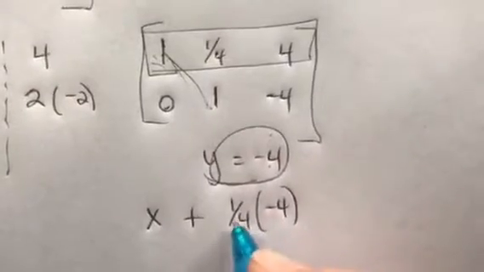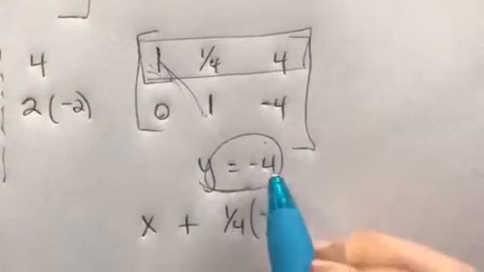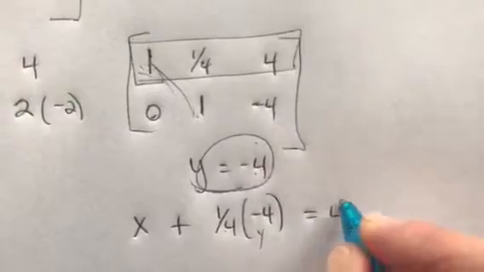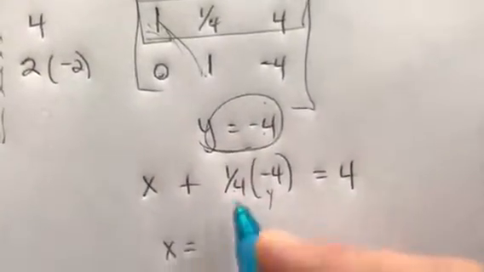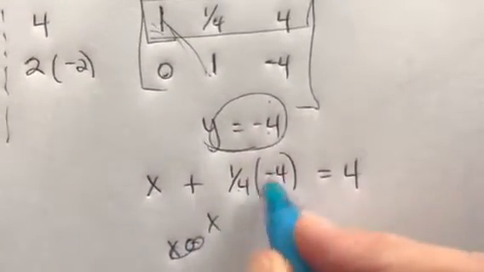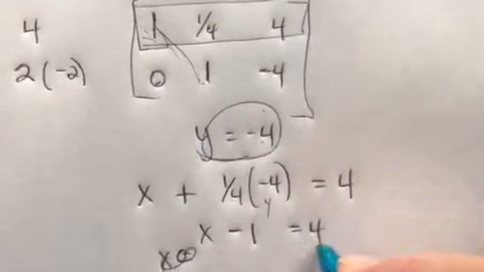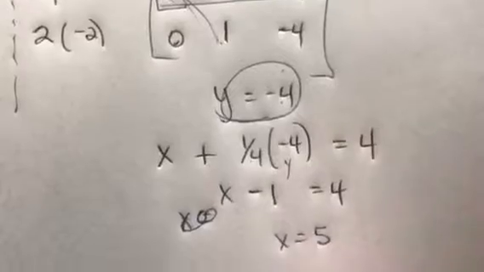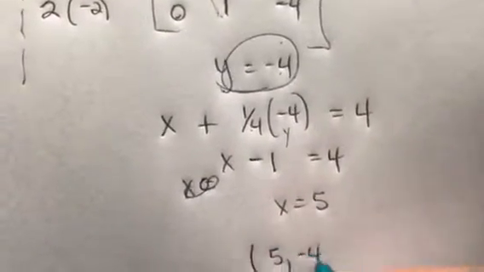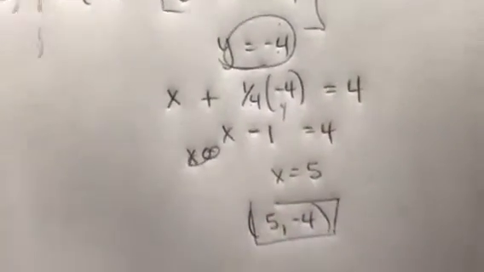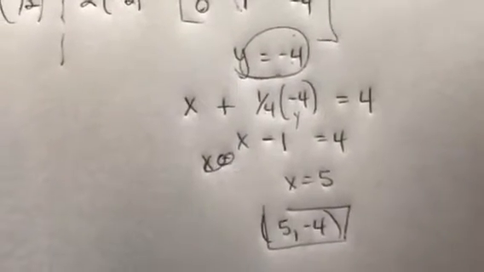So hopefully you can see this as a 1/4 y, but you're going to substitute that value in, equals 4. When I multiply these together, that gives me a negative 1 equals 4, so x equals 5. So my value should be 5, negative 4. Okay, and then you can always go up there and test it to see if you're right.